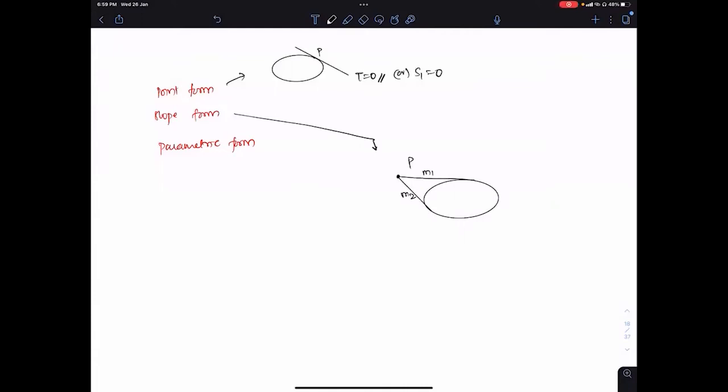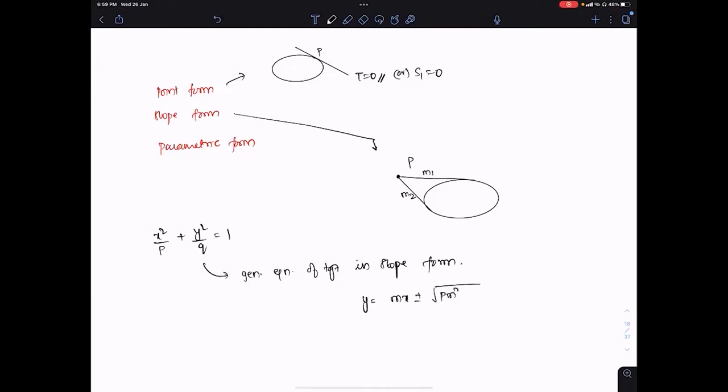Now, what is the slope form of tangent for ellipse? Forget about ellipse. Even for hyperbola, if the equation of the curve is something like this, then the general equation of tangent in slope form is given by y equals mx plus minus root over (p m square plus q).